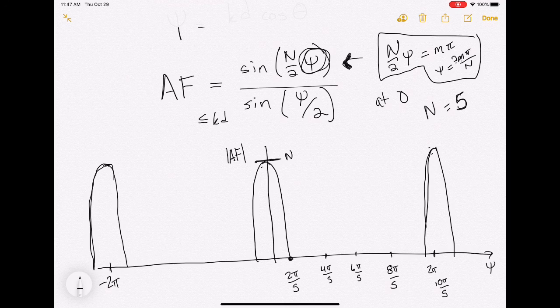So actually I've got the width of these a little bit off. These main beams should be twice as wide, but that's okay. Anyway, we've got side lobes that will pop up next to the main beams. It'll look like that. And the same thing on the other side, on the negative side.